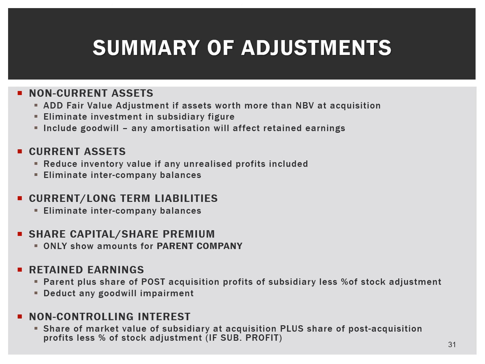And then we add on to that the minority share of the post-acquisition profits and deduct any stock adjustment if it was the subsidiary company that sold the goods to the parent company. So the profit we're eliminating was in the subsidiary company. So that's a brief summary of the adjustments that you need to make to the consolidated statement of financial position.